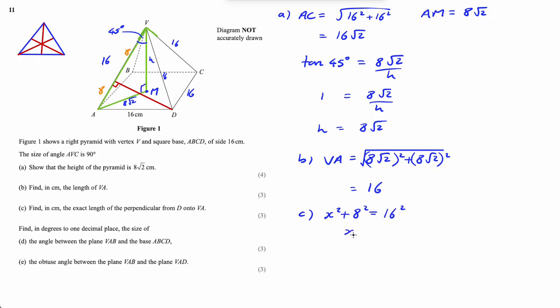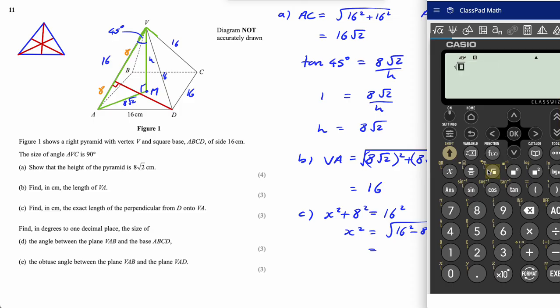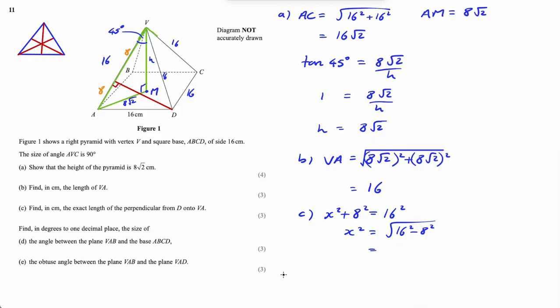So x is the square root of 16 squared minus 8 squared, which with the calculator is 8 root 3. So that distance is 8 root 3.